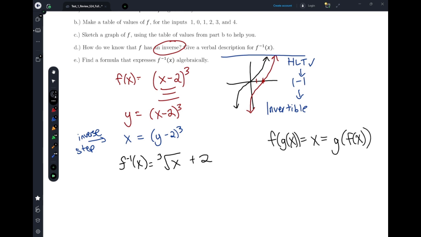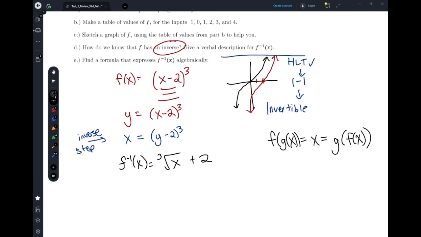Is there another way to prove invertibility? I feel like there was another thing we talked about, but I can't remember. I mean, just solving for the inverse alone really tells you a lot. There's only going to be one bad thing in the solving for the inverse that tells you not invertible, and that's a plus or minus sign. Plus or minus sign is the no-go for inverses.